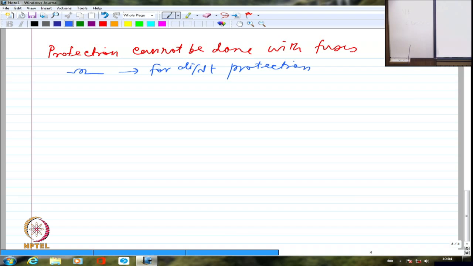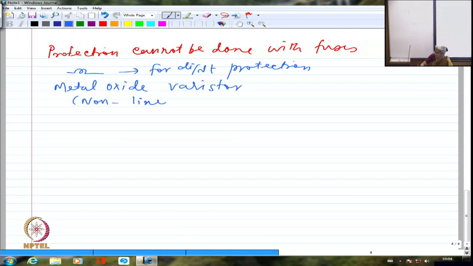But inductances are generally used for di by dt protection, so that the current will not rise abruptly. And sometimes for over voltage protection, something called a metal oxide varistor, MOV, is used. This is actually a non-linear resistor. It is made of a special material which has very high resistance as long as the voltage applied across it is below its rated voltage.